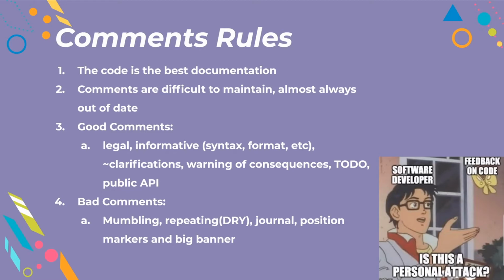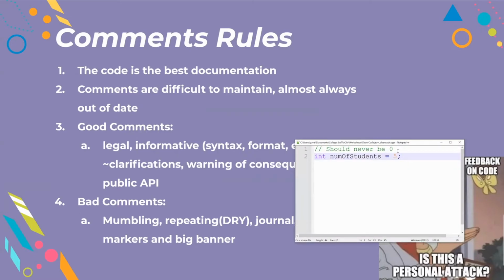You should keep that in mind when you write comments. So don't write something like, just to give a quick example, if this is 5, then we're full. That's obviously something that could change.